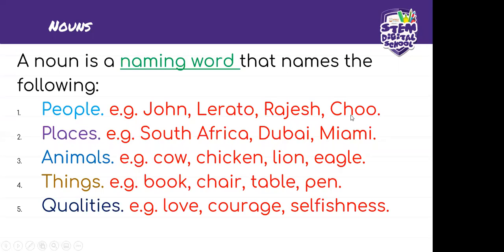Okay, so those are people's names and those are people's names. Name is a noun. Names places. For example, we have South Africa, Dubai, Miami.